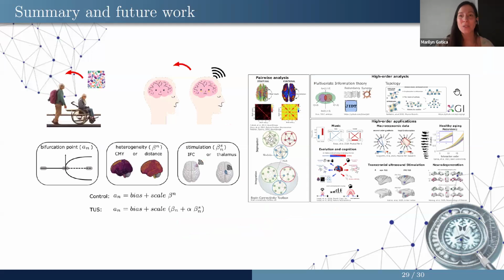And also, I would like to mention briefly that in order to continue in this line, it is relevant and really interesting to use these different whole brain models, also taking into account communicability models and putting these different mechanisms in order to explain the high order changes that we are trying to propose.